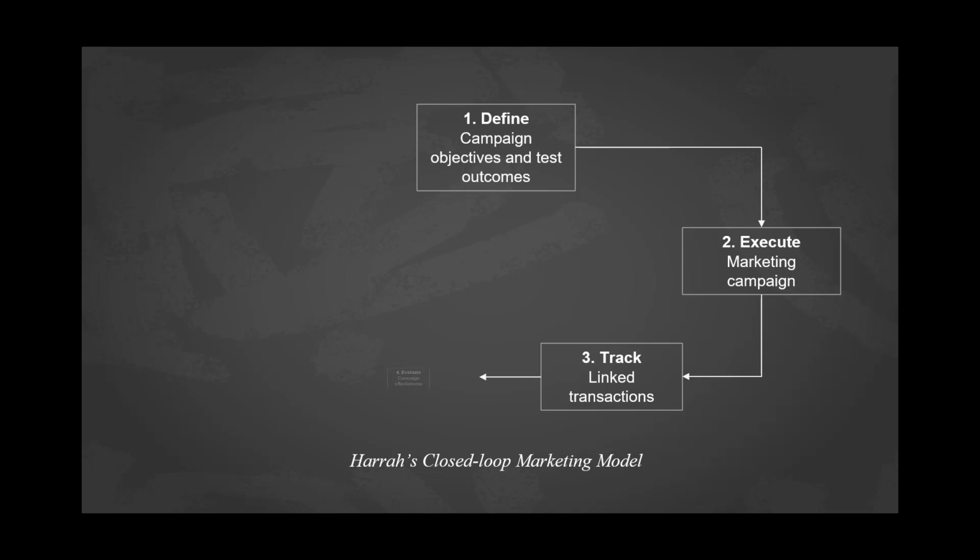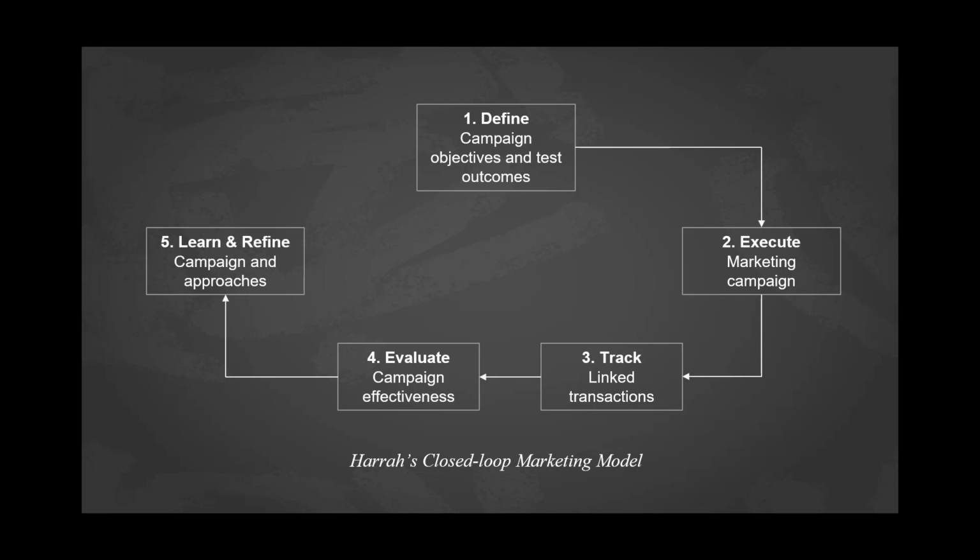Then the effectiveness of the campaign is evaluated by determining the net value of the campaign and its profitability relative to the other campaigns. Harrah's learned which incentives have the most effective influence on customers' behavior or provide the best profitability improvement. This knowledge is used to continually refine its marketing approaches.